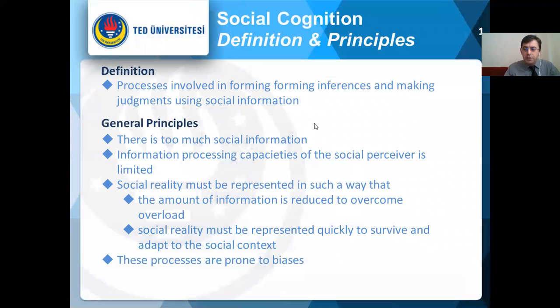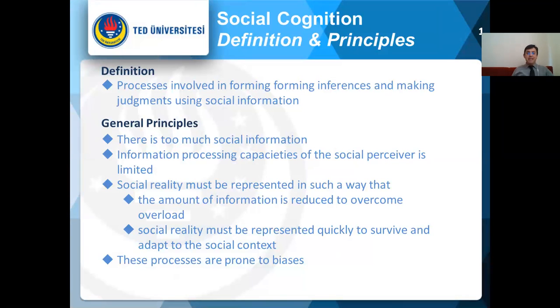Okay, so let's first start with the definition of social cognition. What is social cognition? Cognition means mental processes, thinking, inference making, decision making. So these are some basic higher order mental processes that human beings are equipped with to make sense of the world around them. So social cognition refers to the processes involved in forming inferences and making judgments using social information.